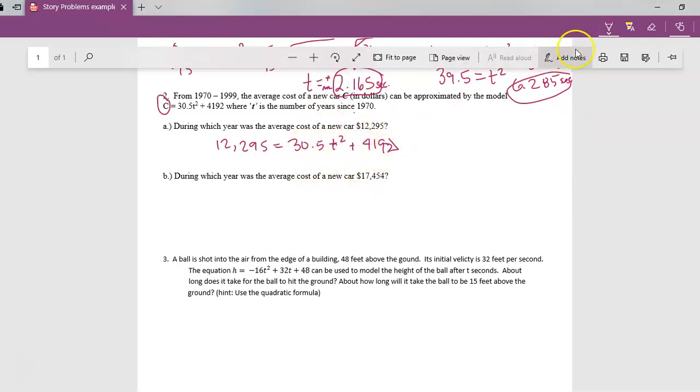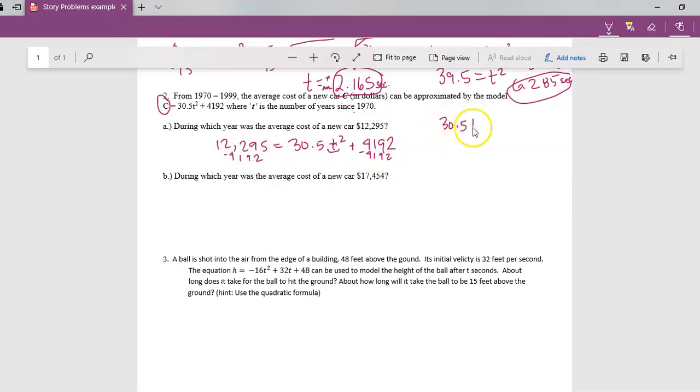I could use quadratic formula here because it works on every equation, but I know that since t squared is the only t term I have, I don't have that other t term, I can solve using square roots again. So again, I just want to get t squared all by itself on one side, so I'm going to subtract this 4192 from both sides.